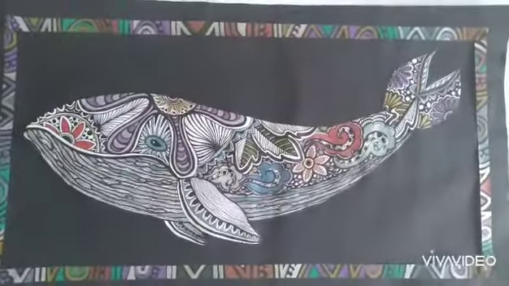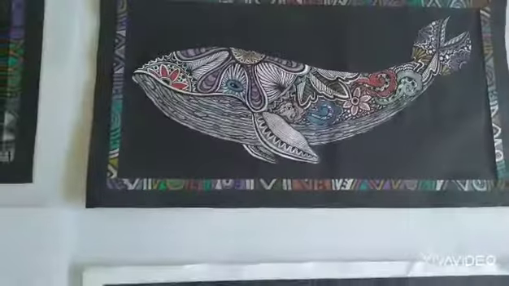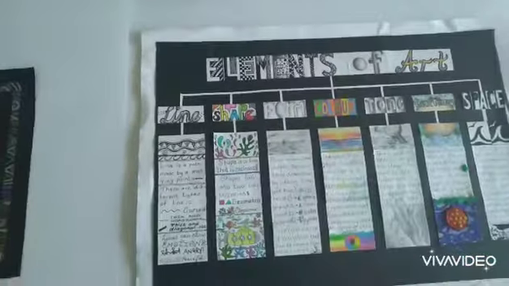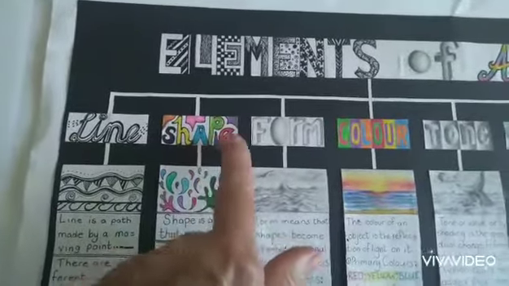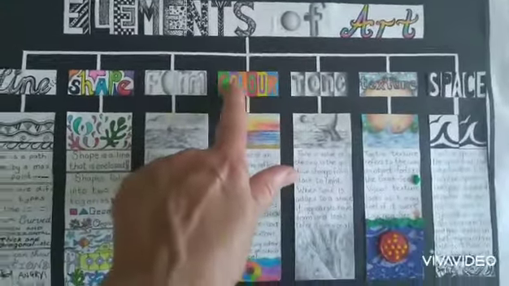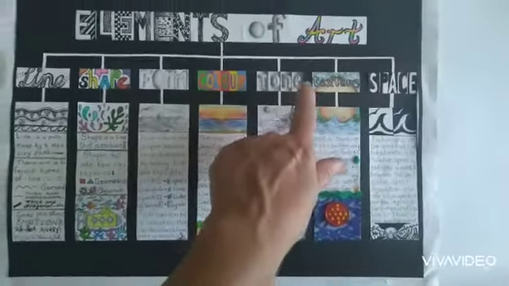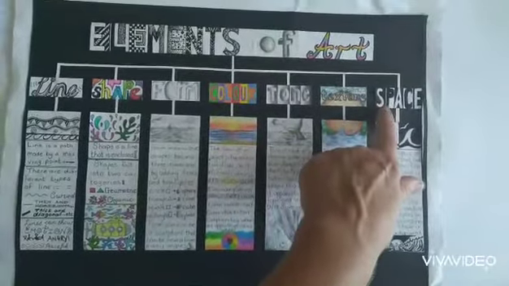It is more a design type of artwork. And the elements of art, there are 7: line, shape, form, color, tone, texture, and space.